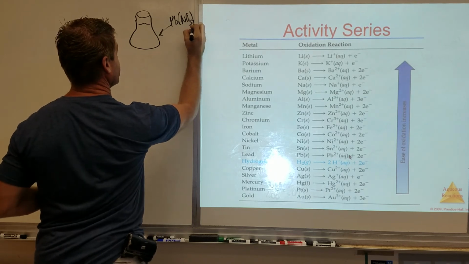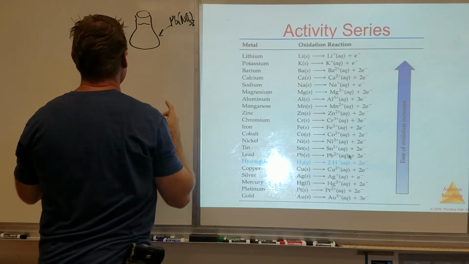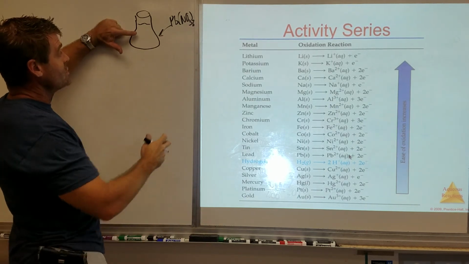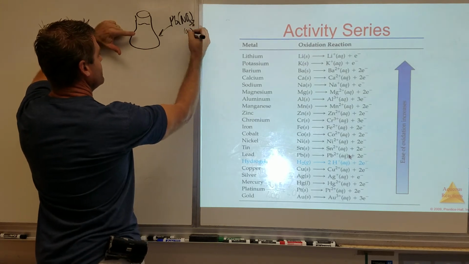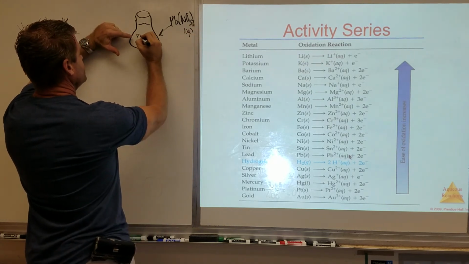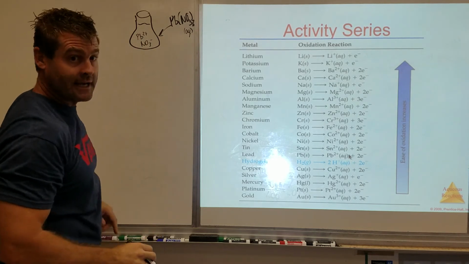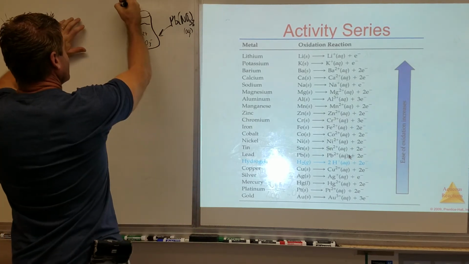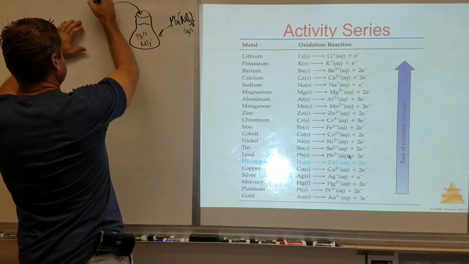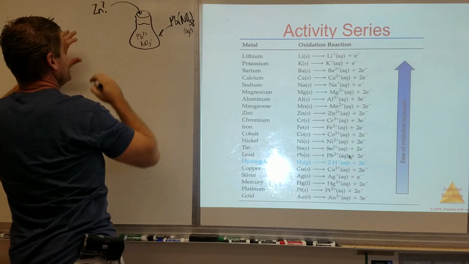That's Pb(NO3)2, lead nitrate. You guys know, if it's an aqueous solution, what's going to be in here. It's going to be lead ions and nitrate ions, right? You guys remember they separate? Okay, so now the question is, I'm going to put zinc in here. Let's put zinc in there.